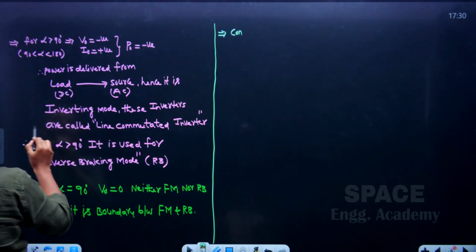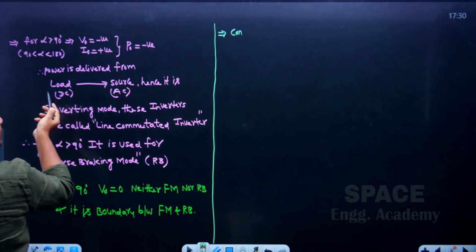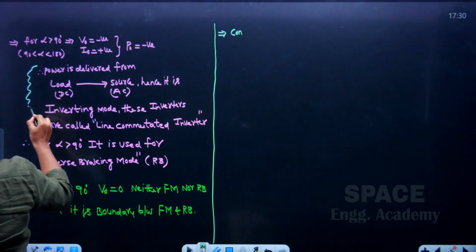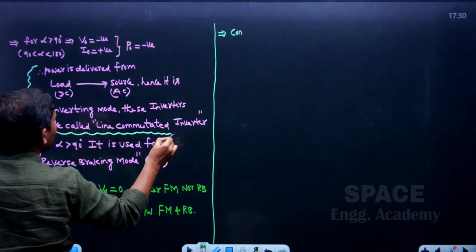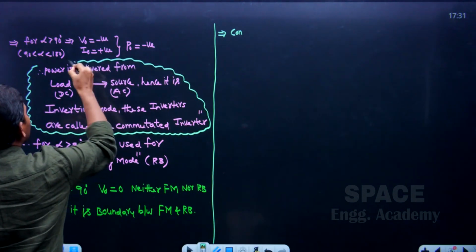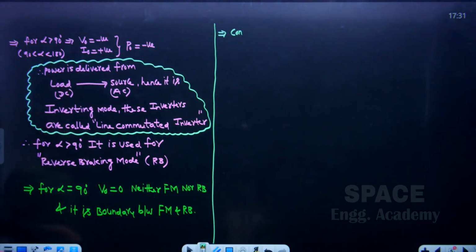For alpha greater than 90 degrees, power is delivered from DC to AC, from load to source, and hence it is inverting mode. These inverters are called which inverters, students? Line commutated inverters. That is a very important observation.